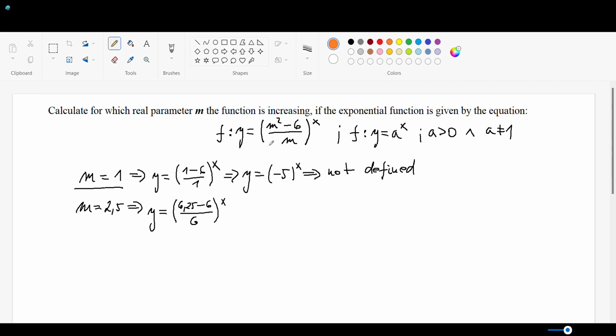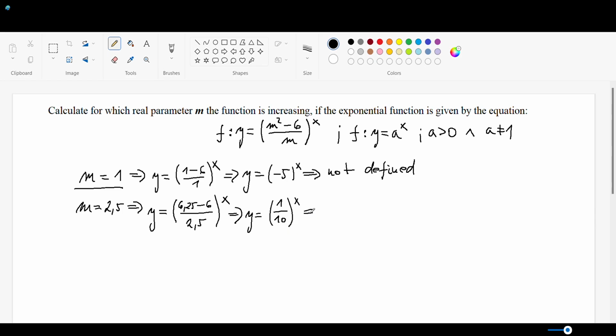I made a mistake, I'm sorry: instead of m's in this expression I have put the number 2.5. You can try it on your own, but our equation would be y equals (1 over 10) to the power of x.